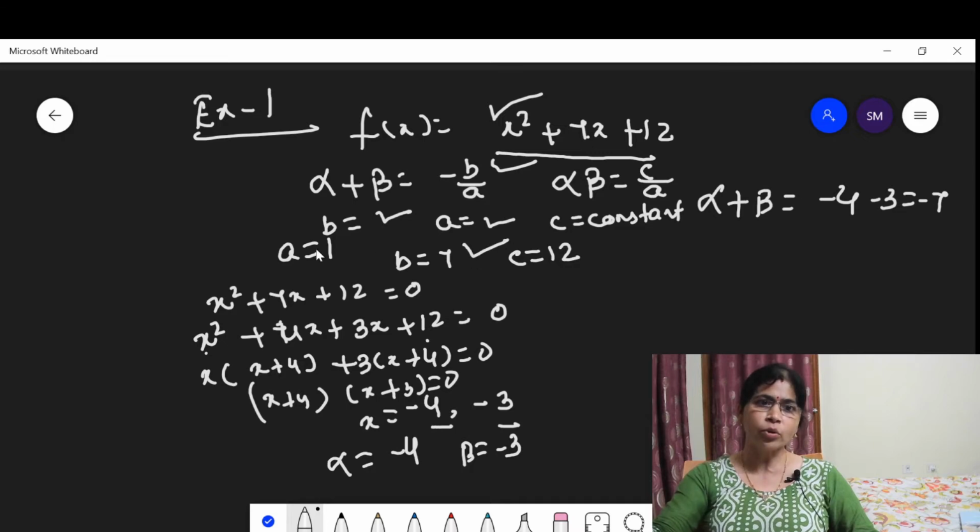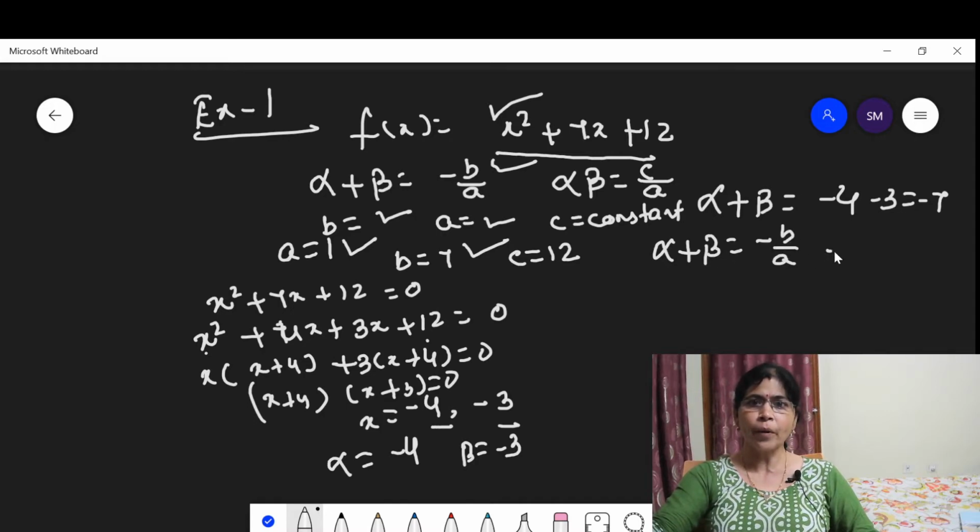Here b is equal to 7 and a is equal to 1, so minus b upon a means minus 7 upon 1, which is equal to minus 7. From these two we get alpha plus beta is equal to minus 7. Here we verify the first identity, verified.